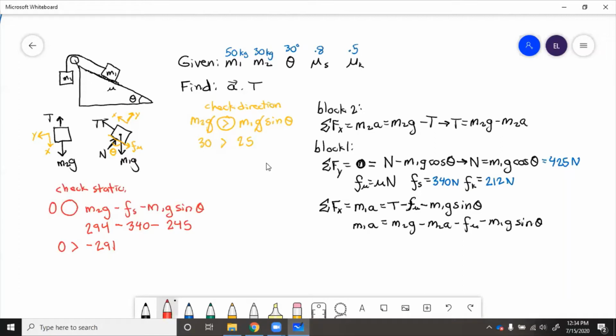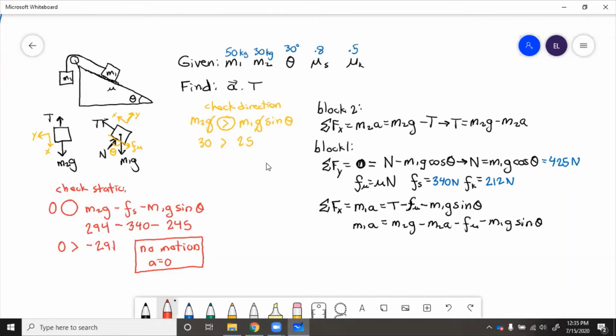So the blocks do not move. Because the weight of the block that's pulling down, M2, is not great enough to overcome the weight of M1 pulling down the plane plus the friction.